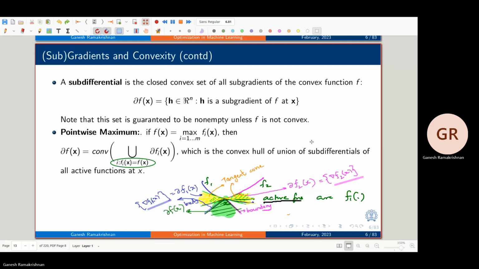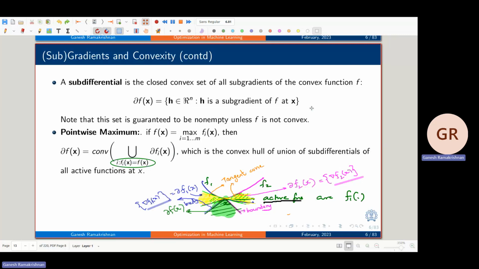Correct. If there's only one, it will be the gradient basically, if it's differentiable, obviously it may not be differentiable. So each fi could itself be another max. It could be another non-differentiable function. We don't know.